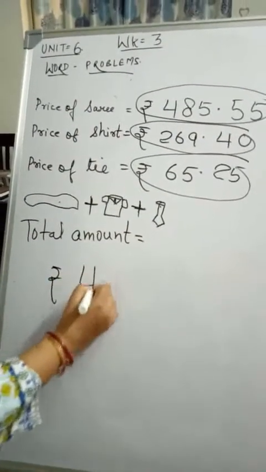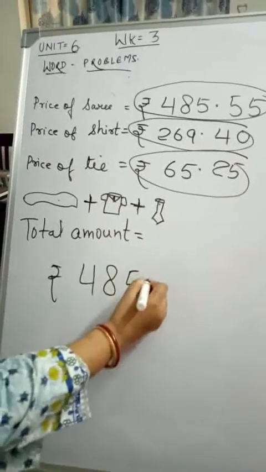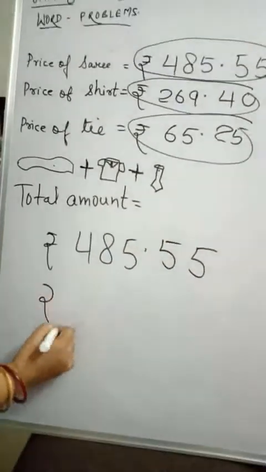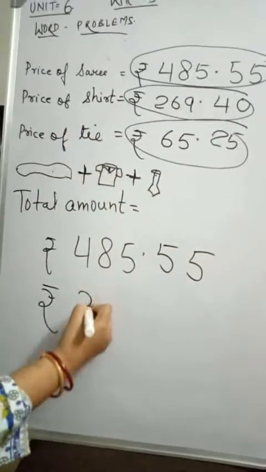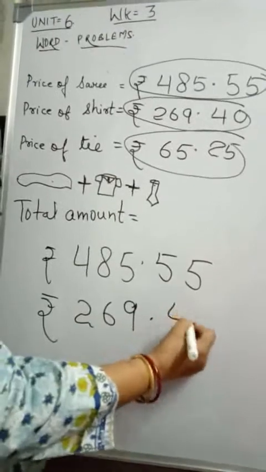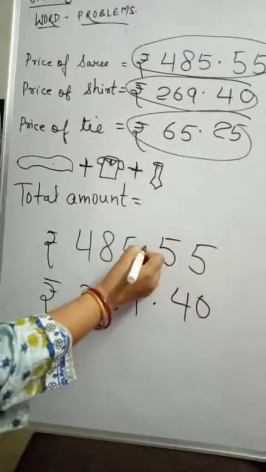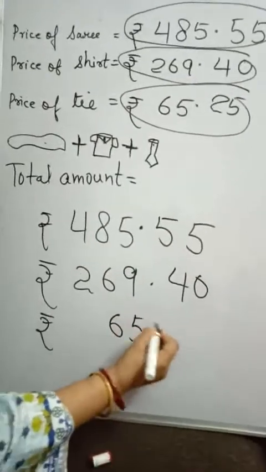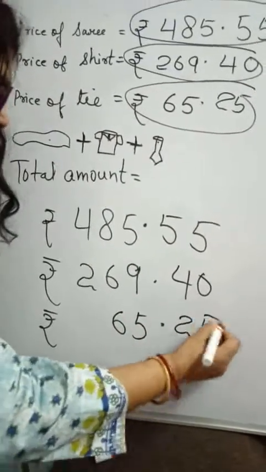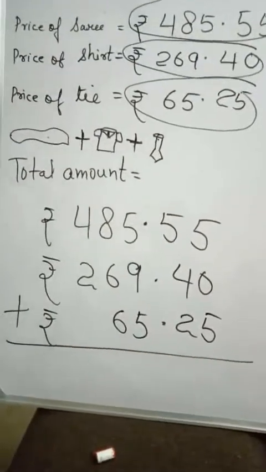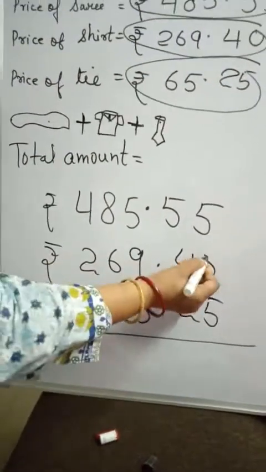Rupees 485.55, and then just write in a column, in the correct sequence, 269.40 and last 65.25. Now total means you have to do addition. So let's start to do the addition.